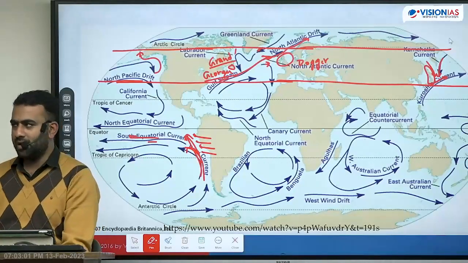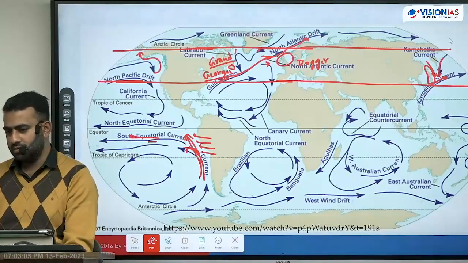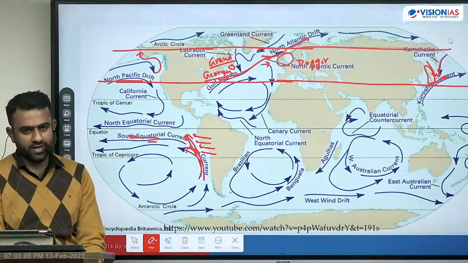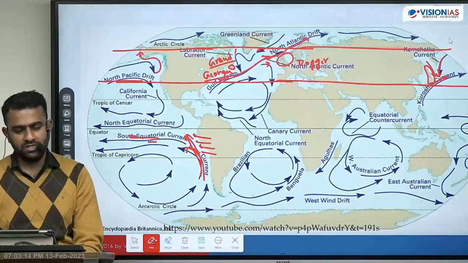The regions of upwelling support large scale fishing growth.